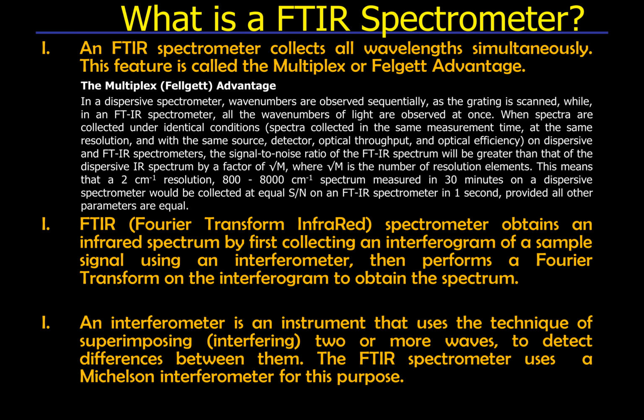So what is the multiplex Fellgett advantage? In a dispersive spectrophotometer, wave numbers are observed sequentially one by one as the grating is scanned, while in an FTIR spectrophotometer, all the wave numbers of light are observed at once.